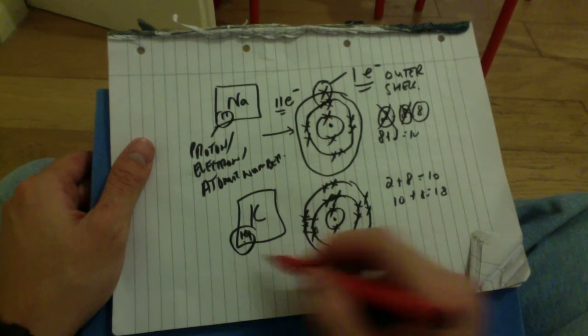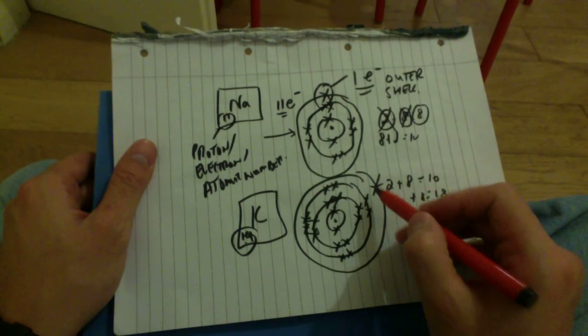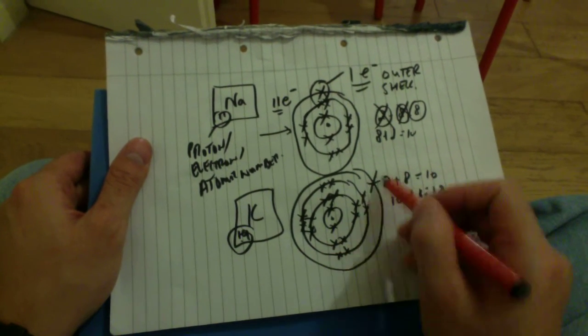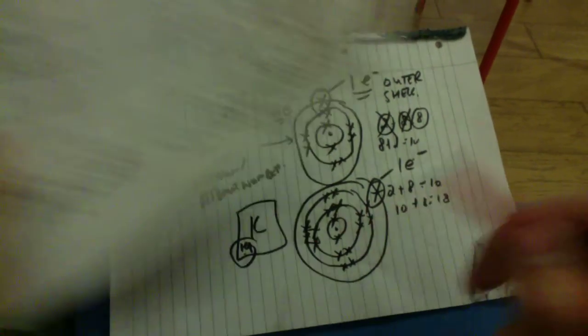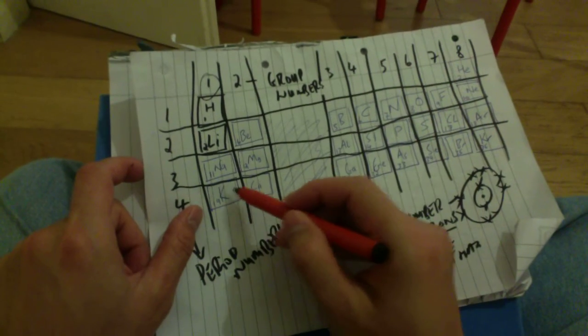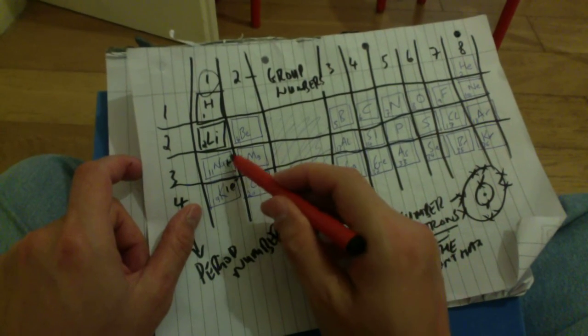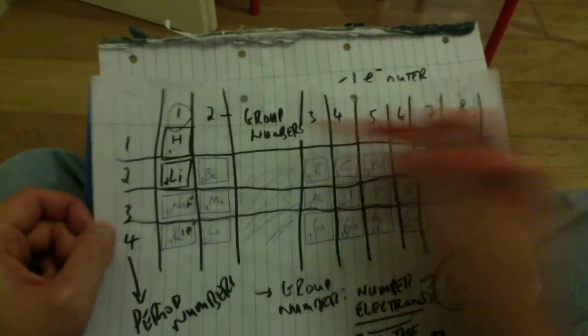But this has got 19, so we're going to draw another shell to put that electron on. How many electrons on the outer shell? Only 1. That's why potassium is in group 1, because it has 1 electron on its outer shell. You do this for all the rest of them, Kara, yeah?